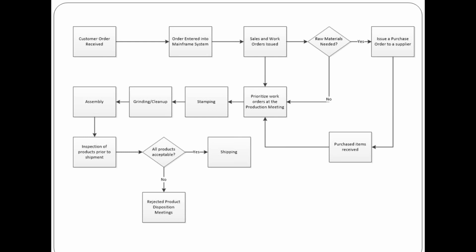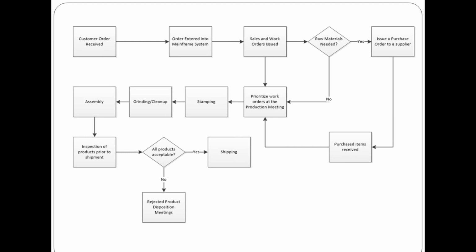And if that's the case, do we look at something like order entered in the mainframe system? Is that a standalone process? Sales and work orders issued, is that a standalone process? And so forth. And again, this would run probably counter to what we are observing in the organization itself.